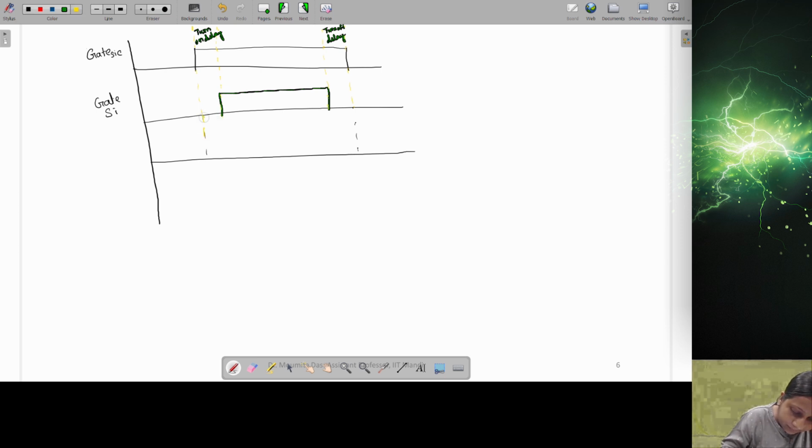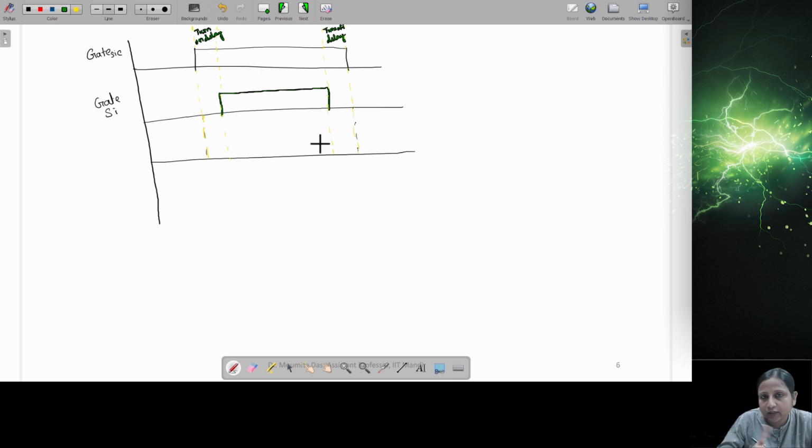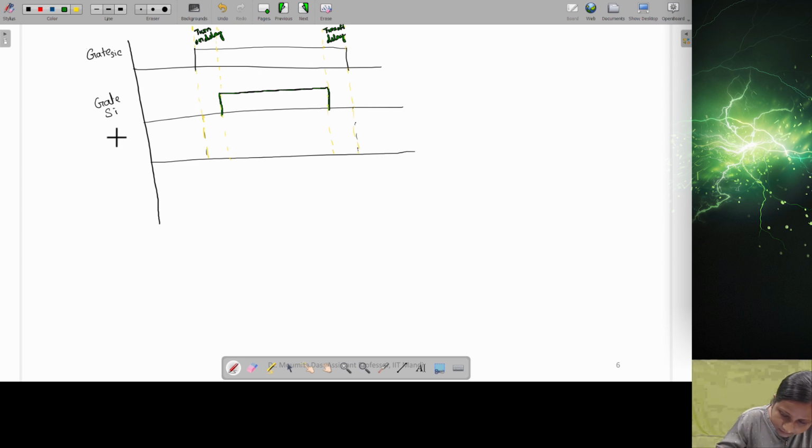So the current for this silicon carbide MOSFET will look like this.